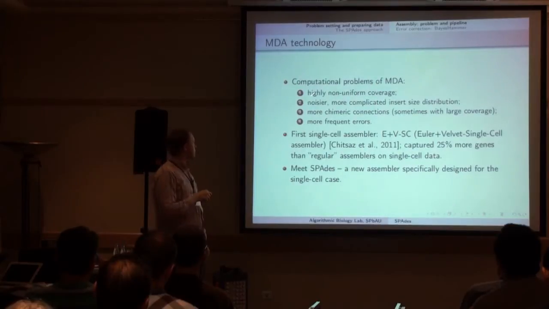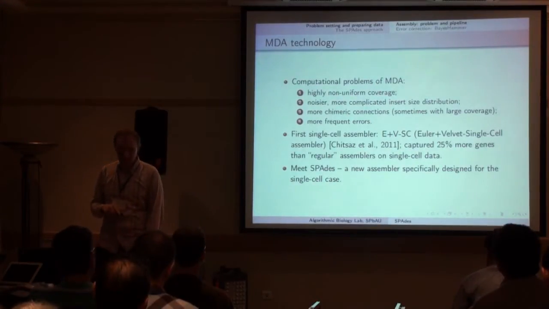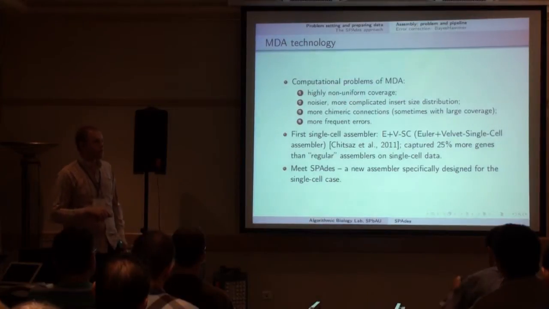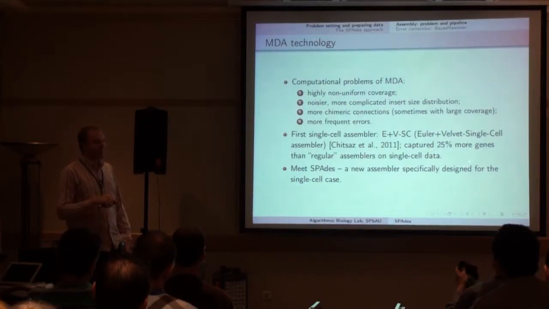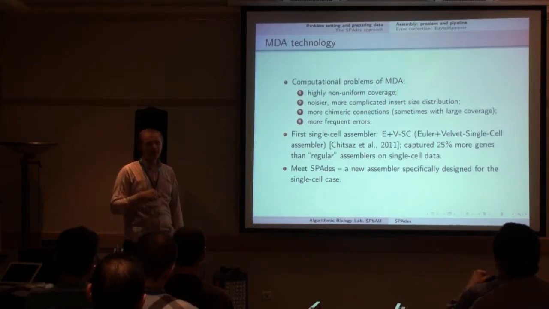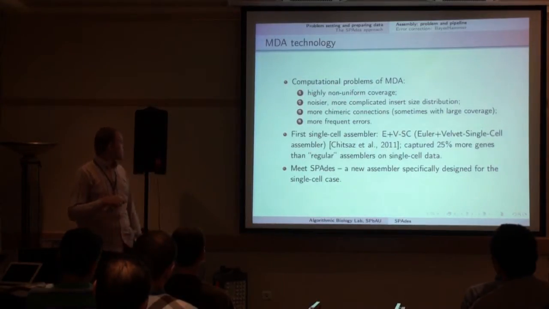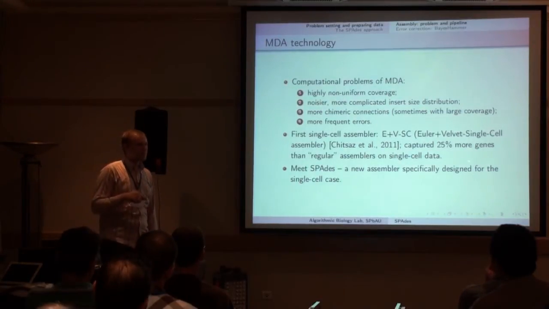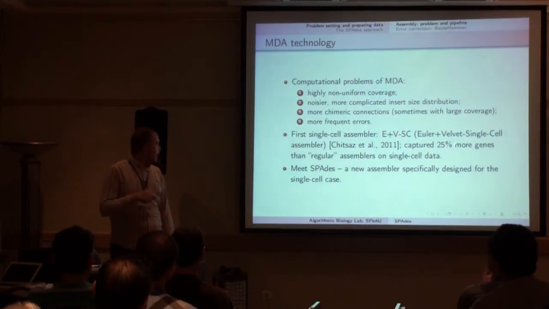Right, so to recapitulate, here are the 4 main problems of single-cell assembly. Historically, and it's funny to say historically about 2011, the first single-cell assembler was called E plus VSC, which stands for Euler plus Velvet SC, and reads like Euler plus Velvet minus single cell.